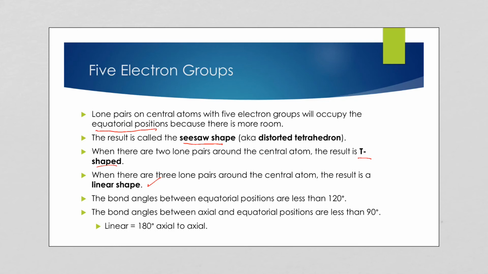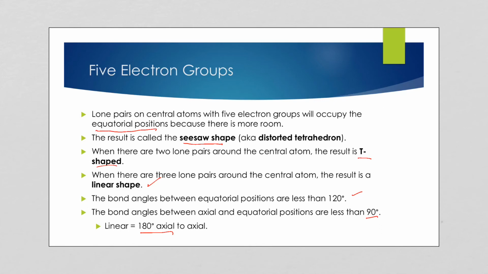The equatorial angles will become less than 120, and the bond angles between the axial and the equatorial, which are normally 90, will become less than 90. The exception here is, of course, in linear, we will have a 180-degree bond angle.